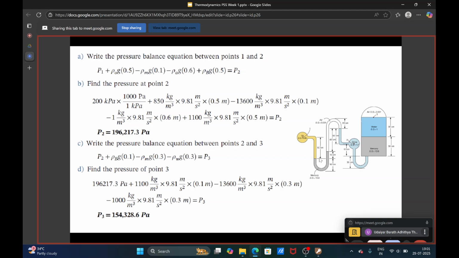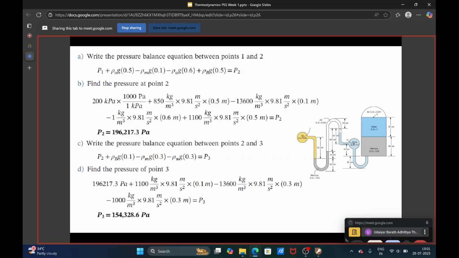This pressure will be equal to the other side, if you write it from the other side. So you get P2 plus rho of your brine into g into h, which is 50 centimeter. If you write minus, bottom will be plus, top will be minus.